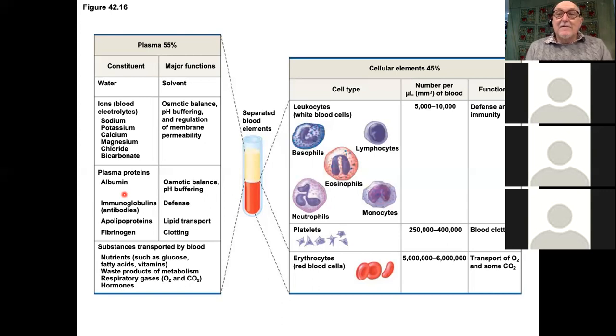And it has various functions in the serum. The most important of these is, first of all, another way in which the pH of the serum is buffered, to prevent any rapid changes in pH. And albumin functions in that buffering. It also provides an osmotic buffering as well.